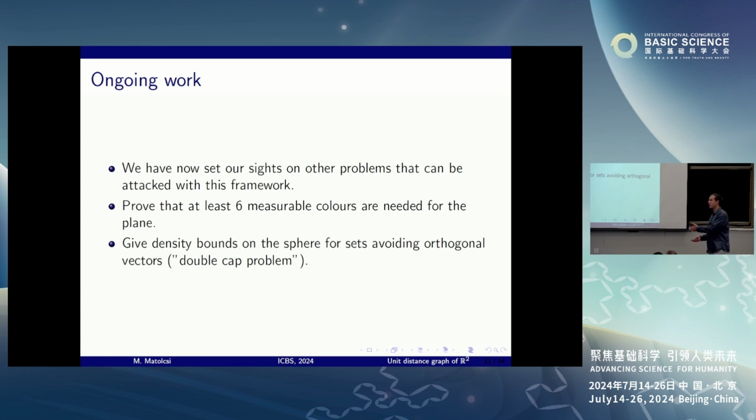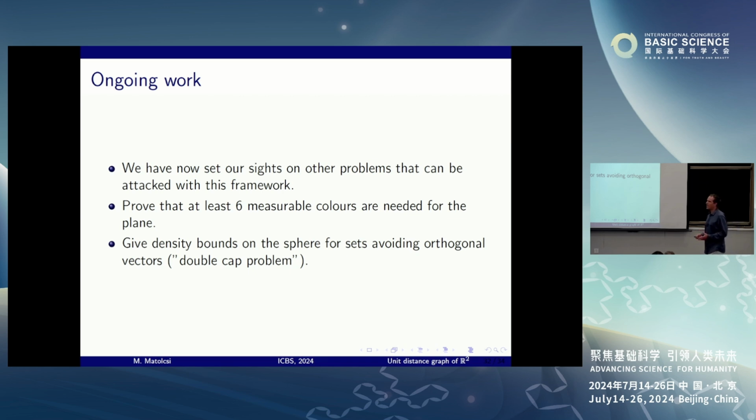Whether you use measurable or non-measurable colors doesn't matter, because Aubrey de Grey's result just tells you that 5 is necessary anyway. But if you use measurable colors, then you can use this machinery, and you may be able to prove that you need 6 colors. That would be a pretty major breakthrough, and 6 is very close to 7. Still not 7, but it would be nice.